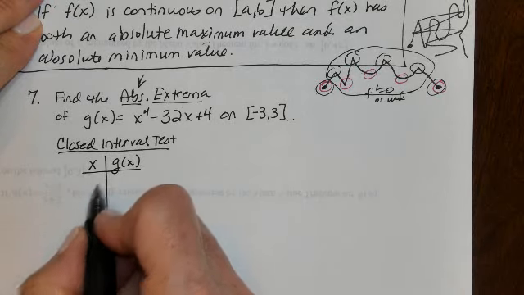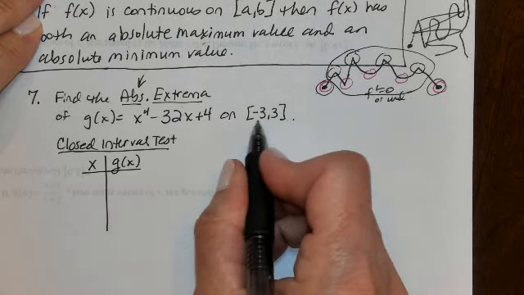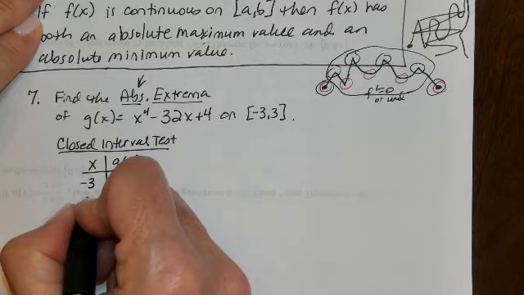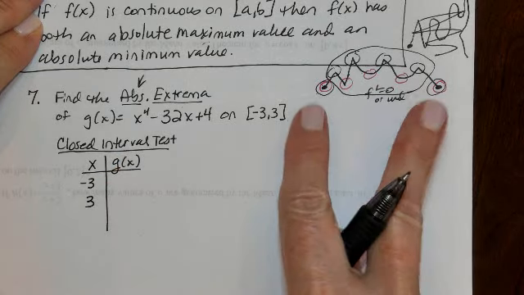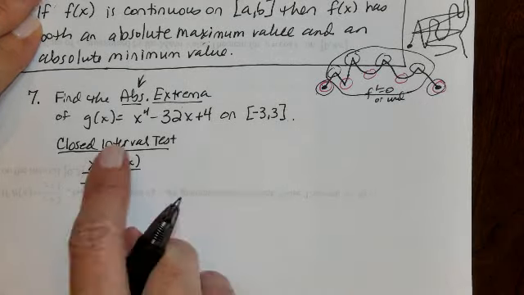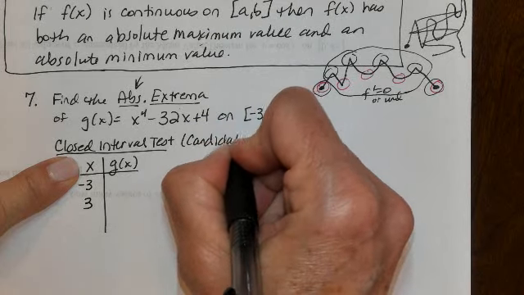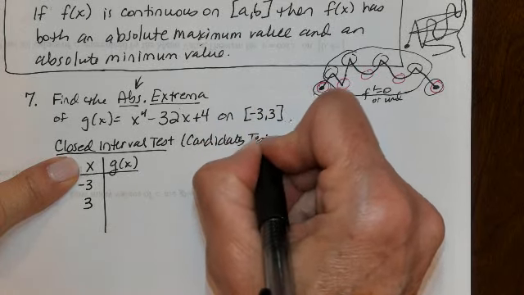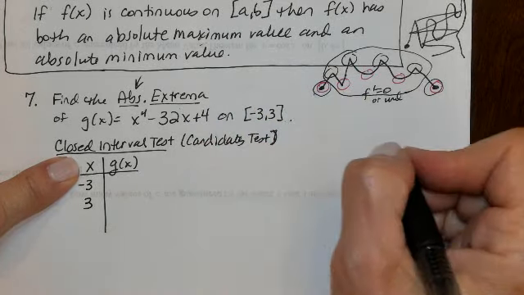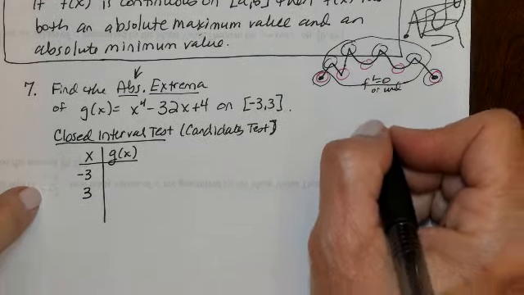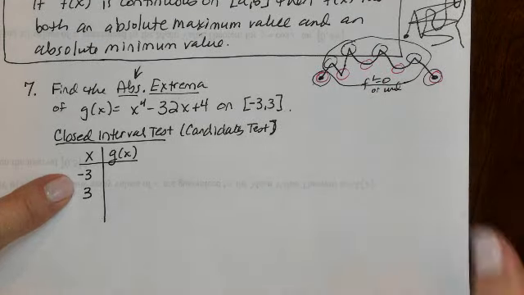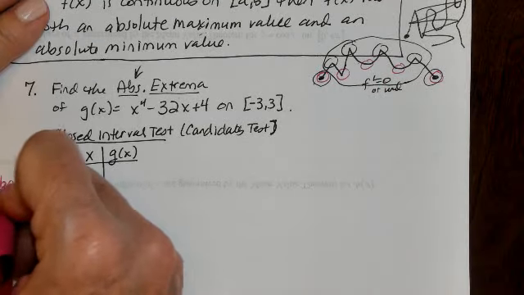Under x's, I'm going to begin with my closed interval, -3 and 3, because those are candidates. This is sometimes called the candidates test. So those are possibilities. Those are our boundaries, so we're going to put our boundaries in.